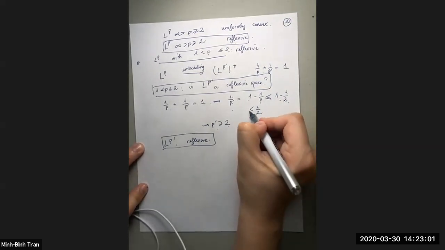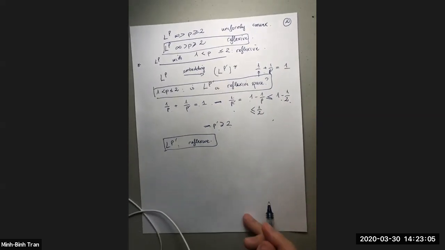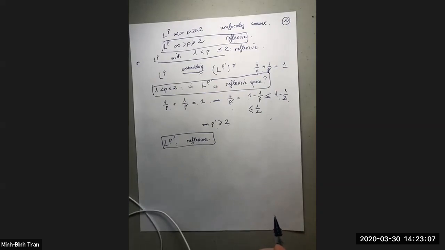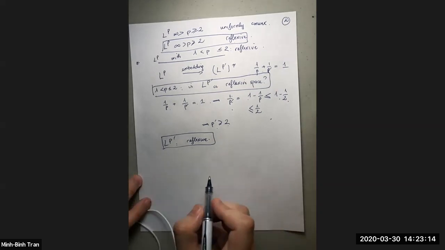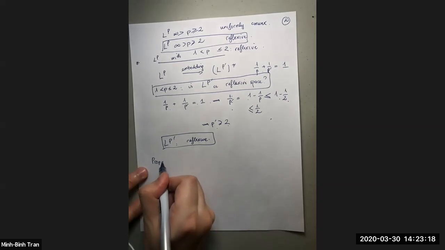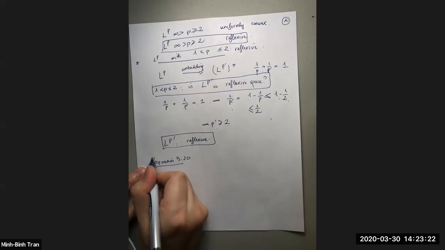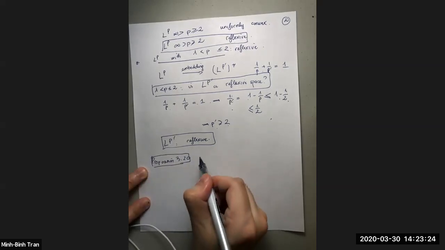So now you know that L^p prime is reflexive. Now let me recall one important piece of knowledge that we learned in the previous class, which is Proposition 3.20 in Brezis's book.